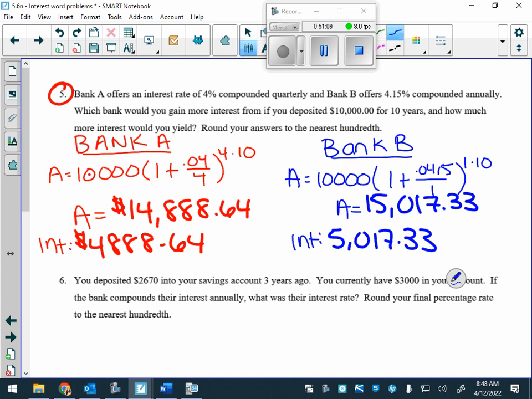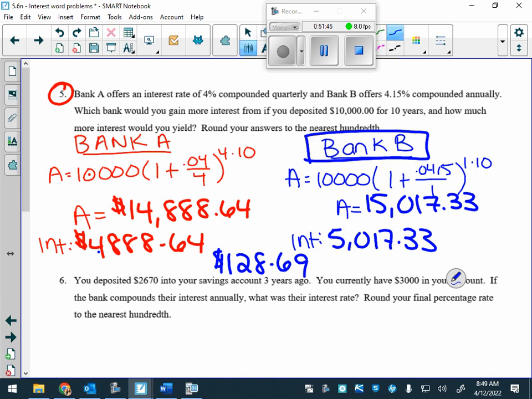Bank B. How much more? That's part of the question. Bank B gained more interest. And how much more interest? We get that by subtracting these two interest totals. $128.69, I believe, right?